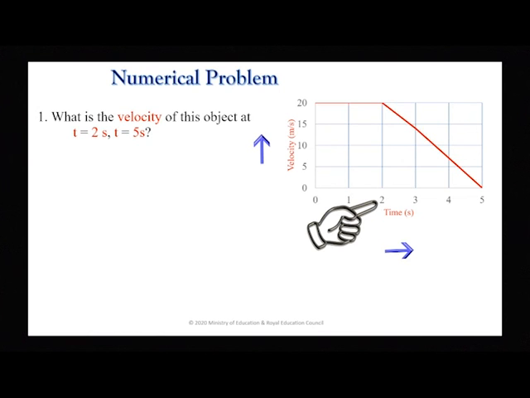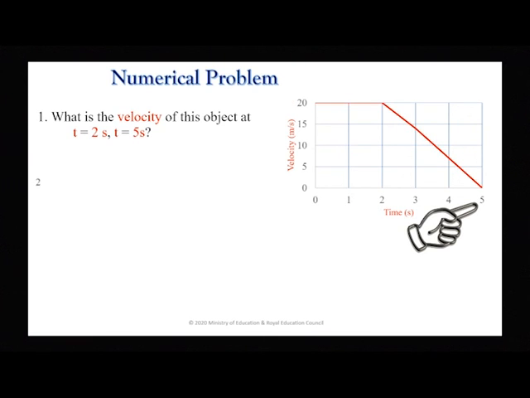So at t is equal to 2 seconds, if you go towards the left side, because that's where our velocity is, we notice that the velocity of this object at t is equal to 2 seconds is 20 meter per second. Next, this is 5 seconds, and if you go here, it corresponds to 0. So at 5 seconds, the body's velocity is 0 meter per second, which means that the body has stopped.